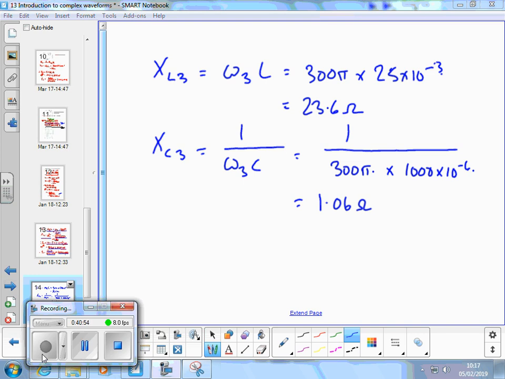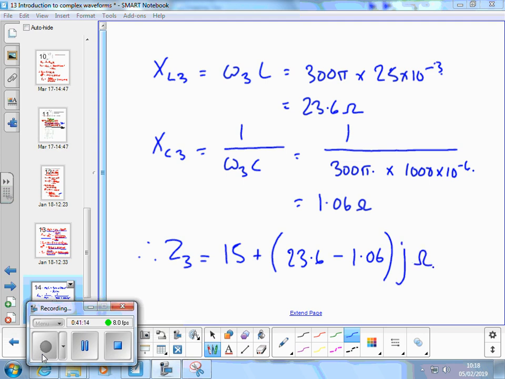So, therefore, Z3 is equal to R, which is 15, plus the reactance, (23.6 minus 1.06) j ohms.